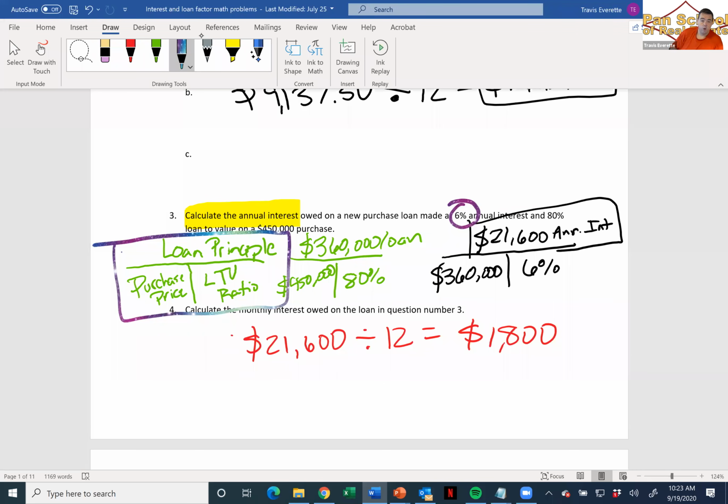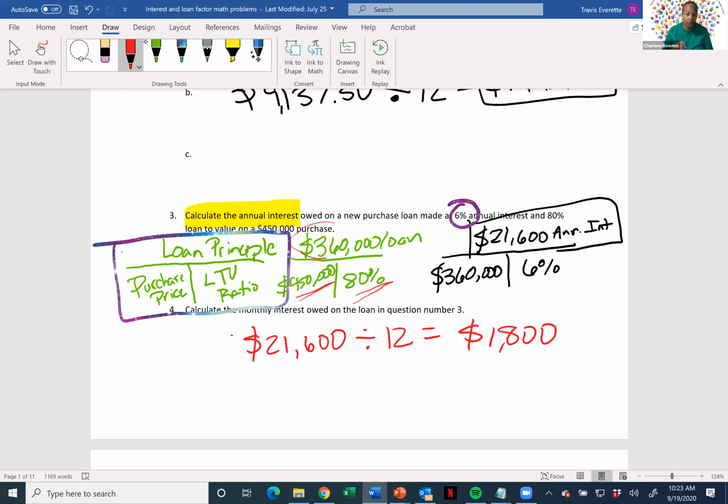They say, we will not loan you more than, and it could be 80% or 90% or 95% of the property's value. In this case, 80%. And so therefore, we calculated that even though the purchase was for this 450 here, we only borrowed 80% of that.